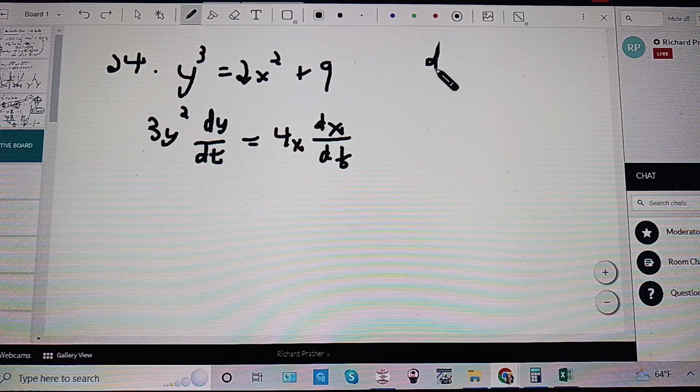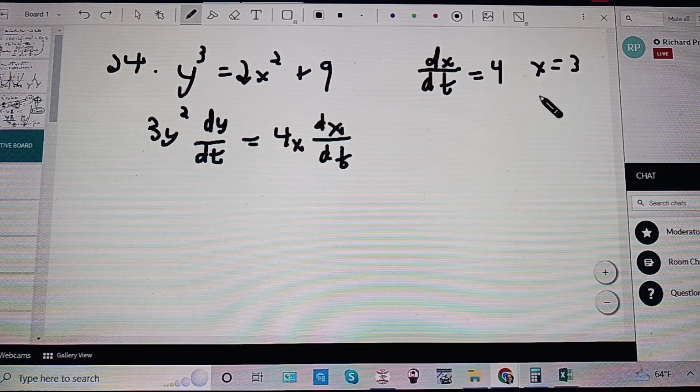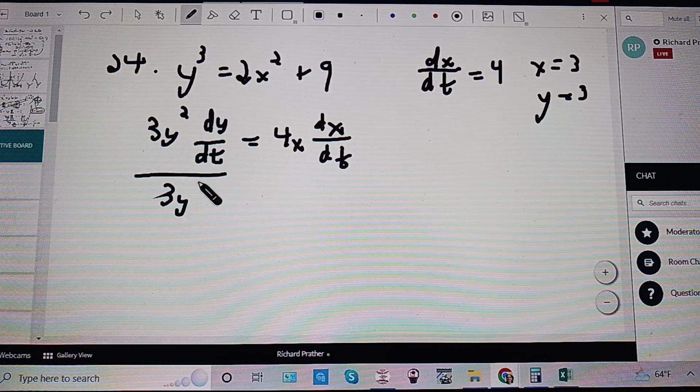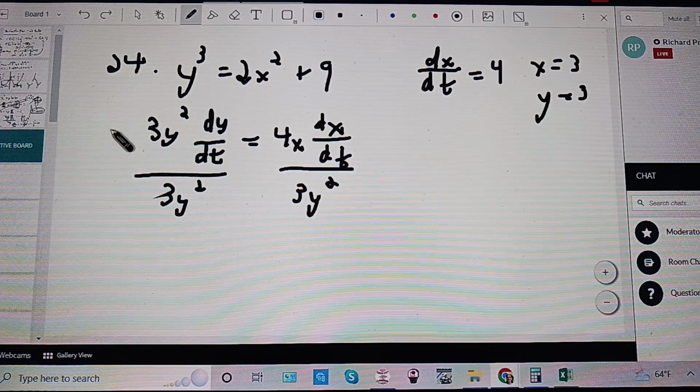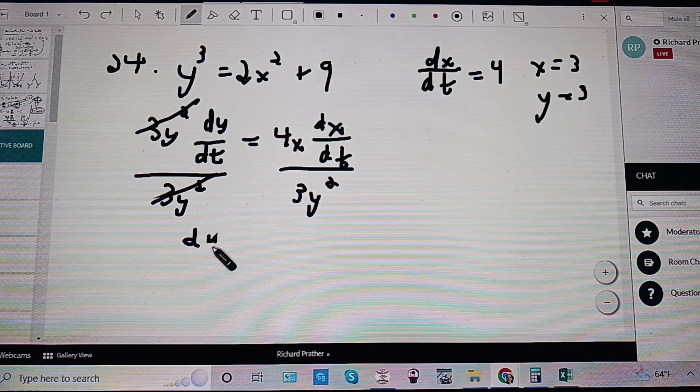I'm told that dx over dt is 4, and both x and y equal 3. And the goal is to find dy over dt. So I would just go ahead and divide both sides by 3y squared like we kind of did on the previous problem. You normally try to get y by itself anyway, but dy over dt was definitely the one they asked for here.